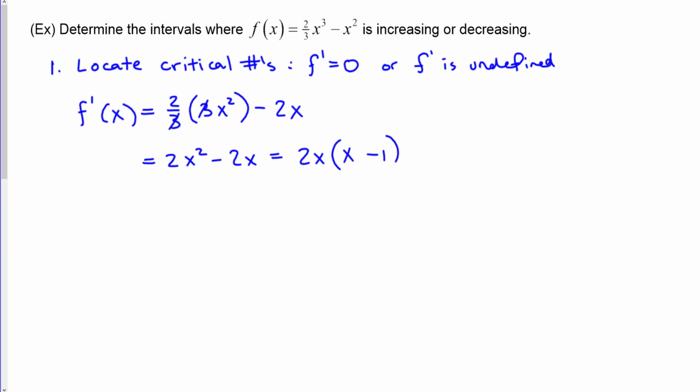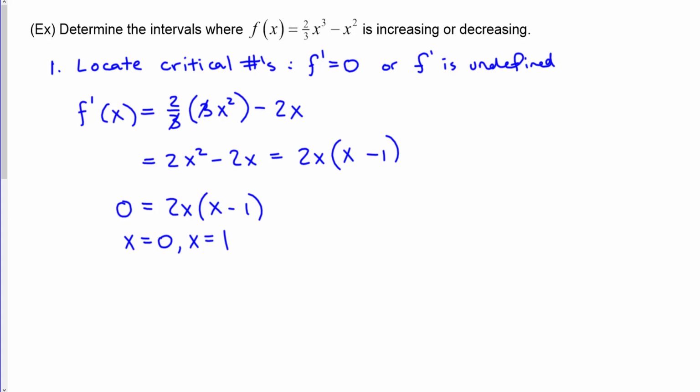If I set 2x times x minus 1 equal to 0, I get the solutions of x equals 0 and x equals 1. So those are my critical numbers. That's where we're going to have horizontal tangent lines.